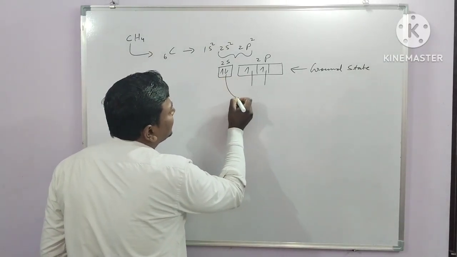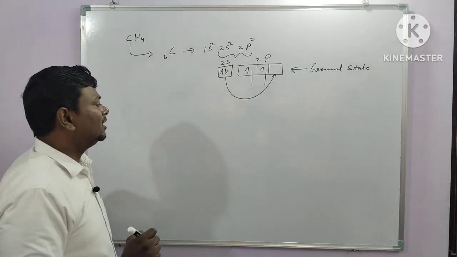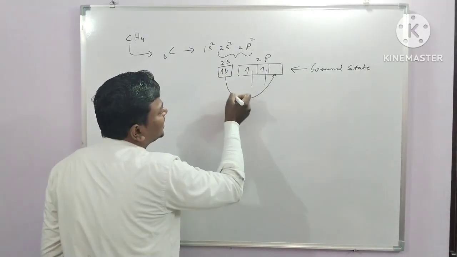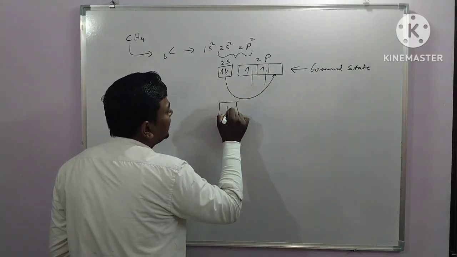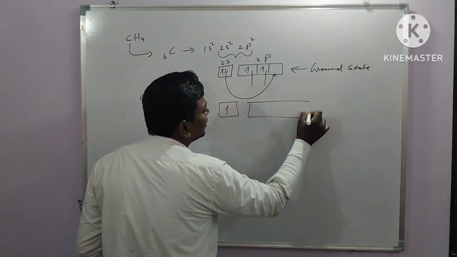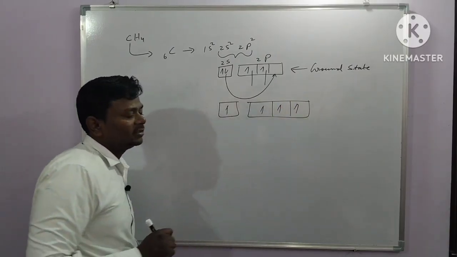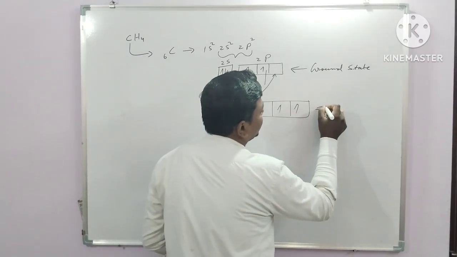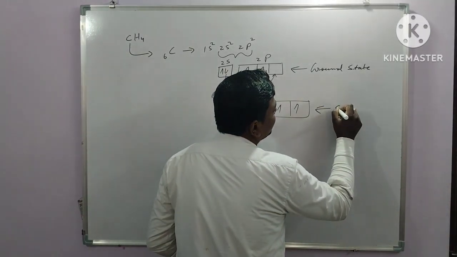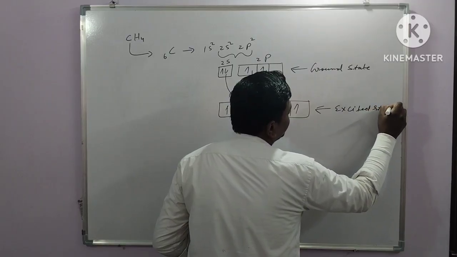By gaining some energy, the 2s orbital sends one electron to the p orbital, so s now has 1 electron and the p orbitals have 3 electrons. This is called the excited state of carbon.